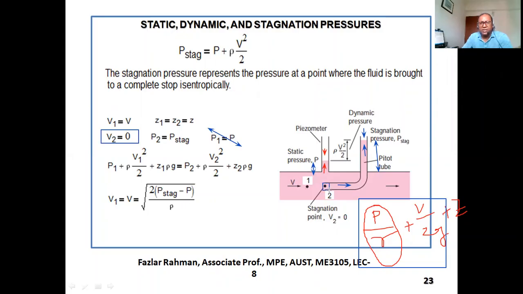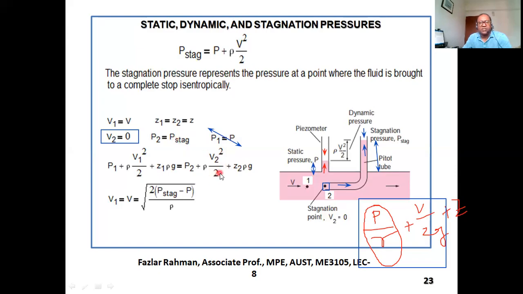Right over here, the velocity of the fluid is 0. And P2, the pressure, will be higher, right? Because you make the velocity 0, kinetic energy is converted into pressure energy. That pressure, as per definition, is called stagnation pressure. So P2 equal to P stagnation.